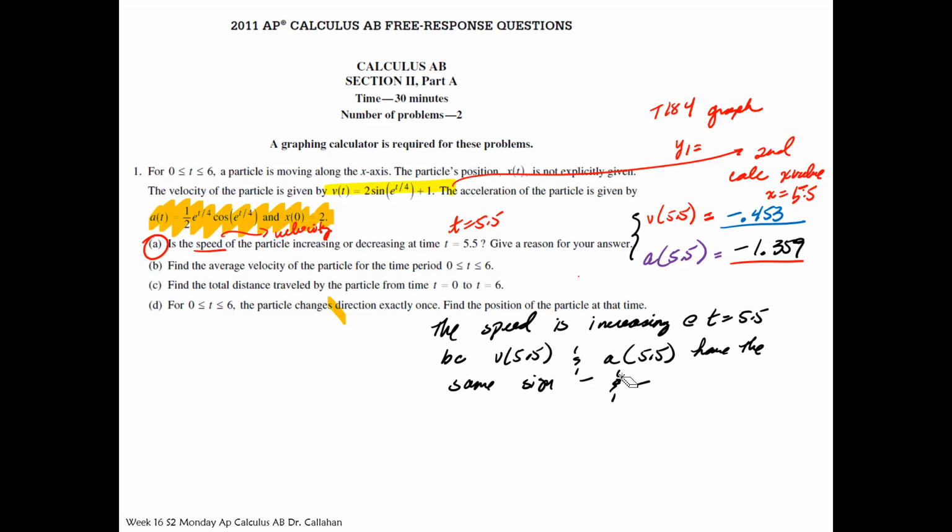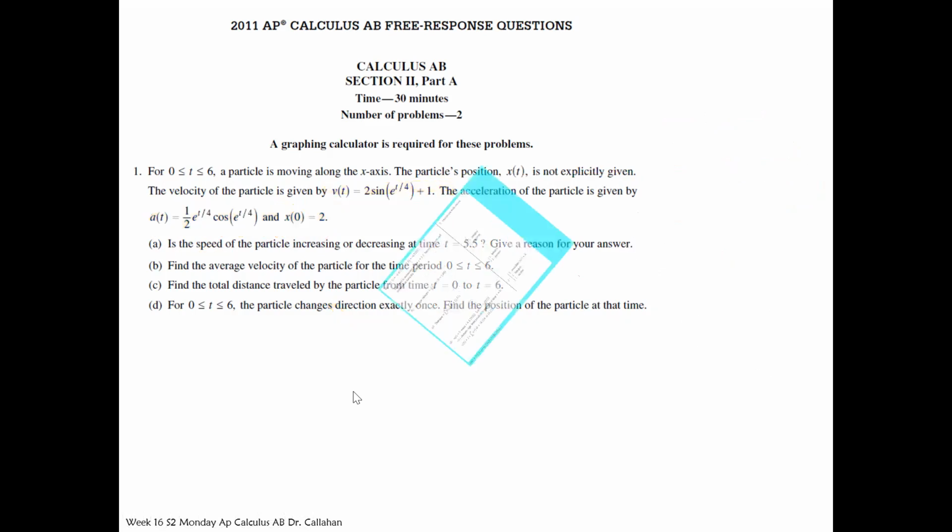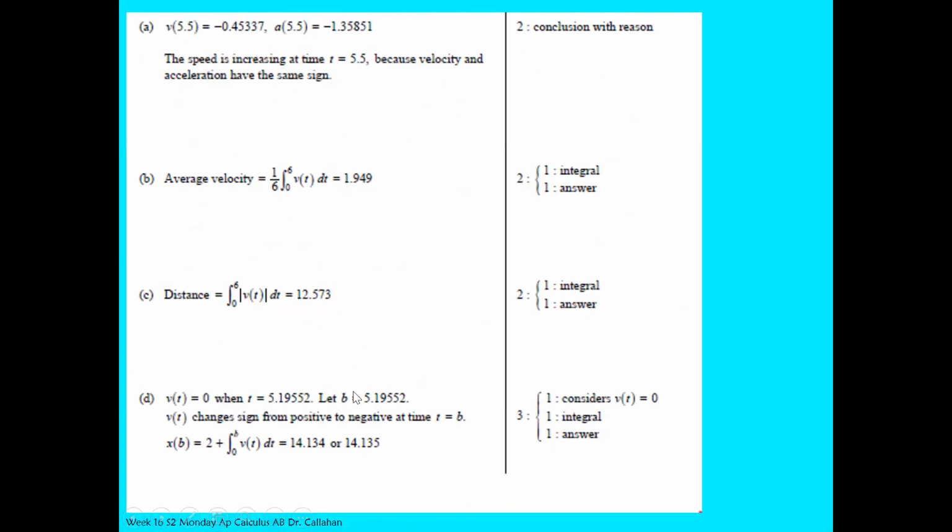Or you can put negative 0.453 and negative 1.359. That's something you can write down to justify your response. So looking at your answer here, it is worth 2 points, because velocity and acceleration have the same sign, with reason.